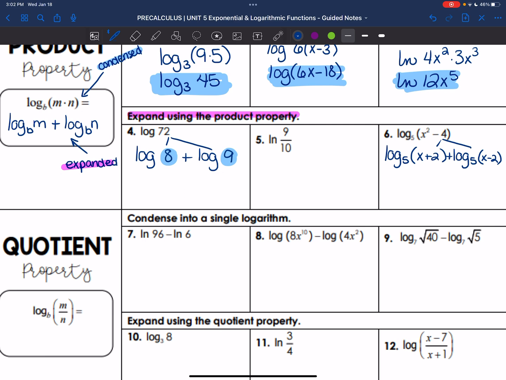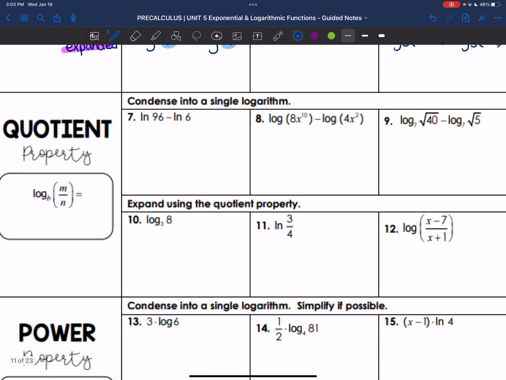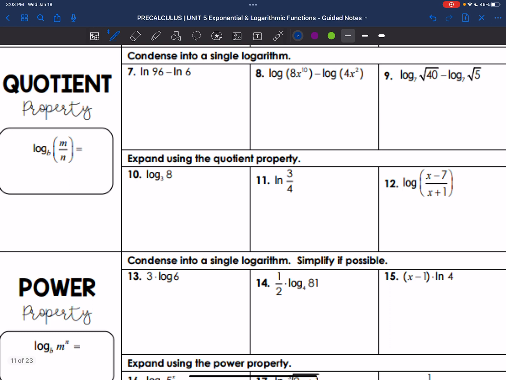We're going to leave off problem 5 for now and move on down to another property, our quotient property. The quotient property says that if we have log base b of the expression m divided by n, that is the same thing as log base b of m minus log base b of n.